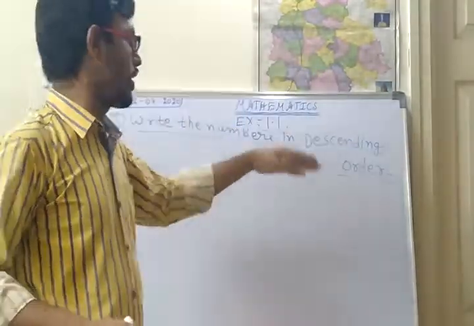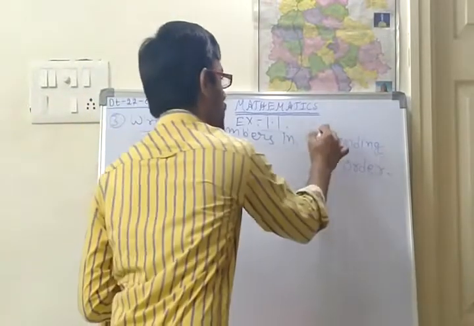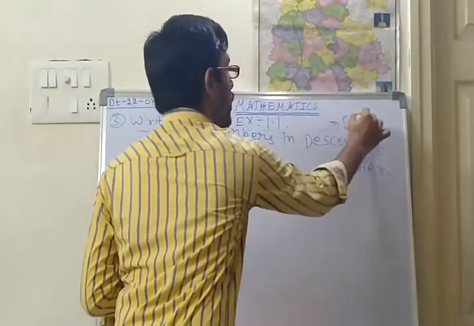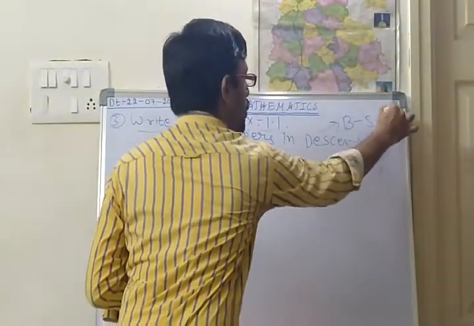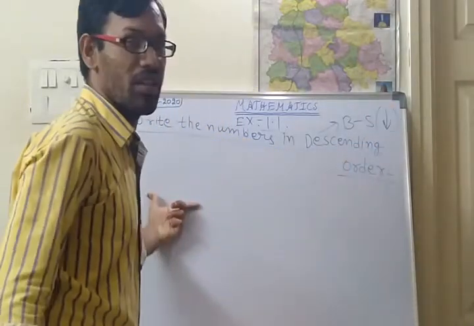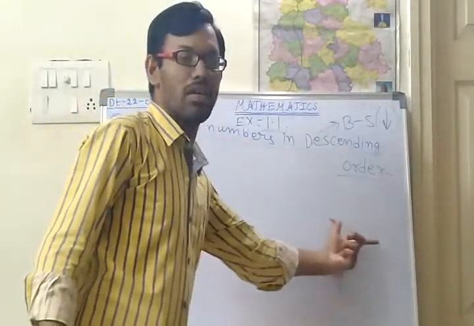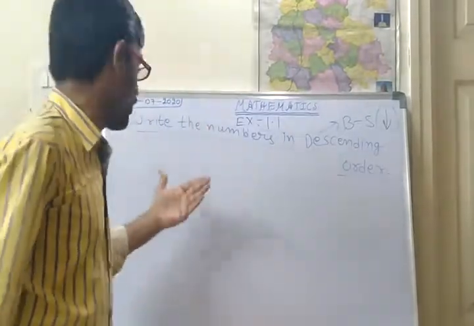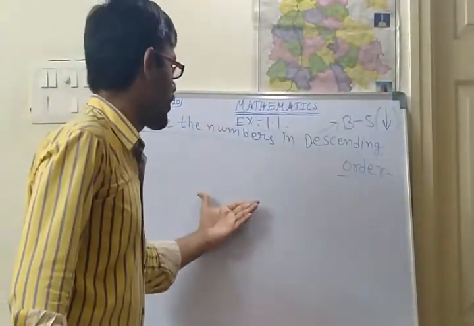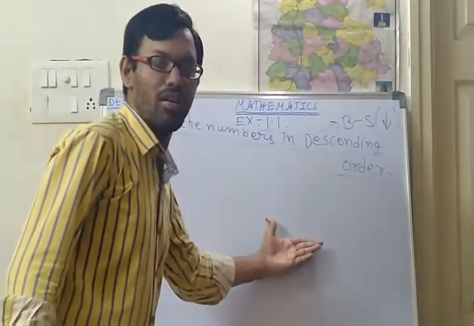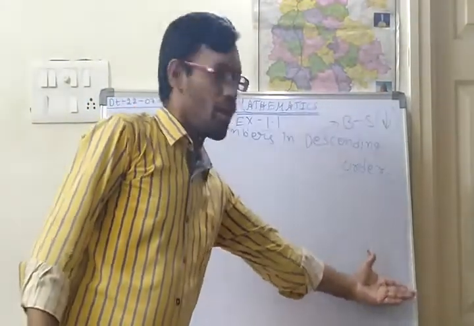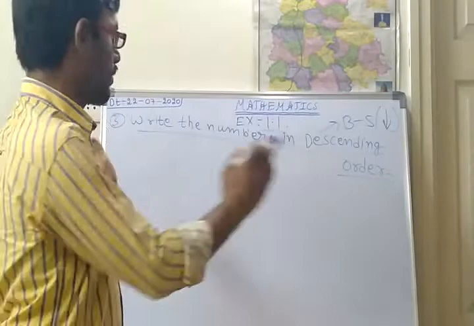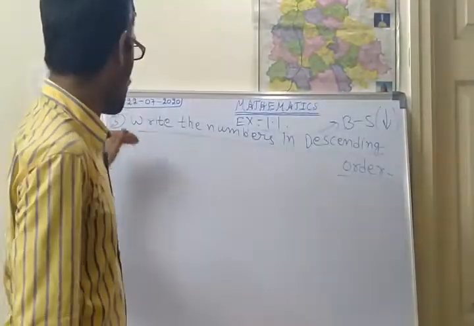Here, descending order means, remember, big to small. First you should write the biggest number, then the next biggest, then the next, and at last the smallest number you should write. That means you should write in reverse of the previous bit.